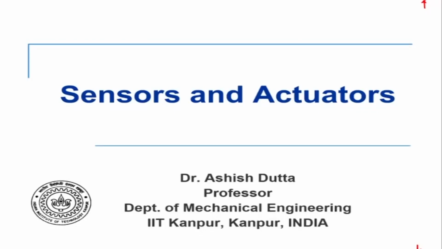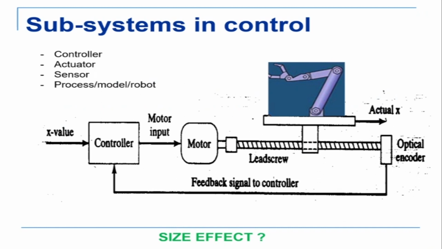Okay, in the last class, we were talking about sensors and actuators, and we gave the very general definition of sensors and actuators. I explained also the various subsystems which are involved in the closed-loop control system. So we have a controller, which can be a PC, a microcontroller or a DSP. Then we have an actuator, in this case a motor. And then we have the link of the robot, which is actually moving.